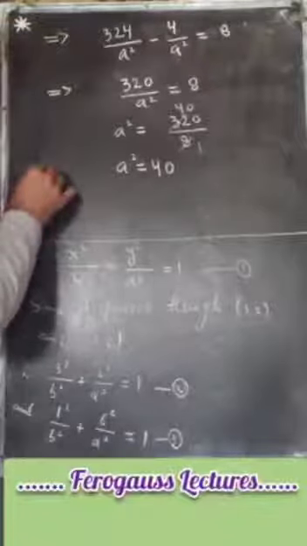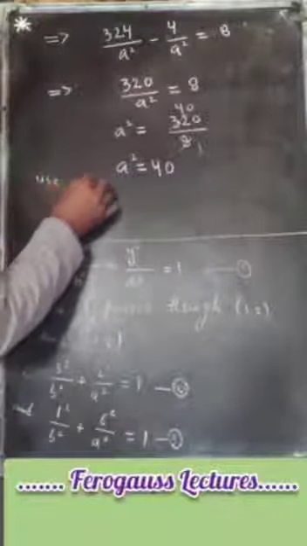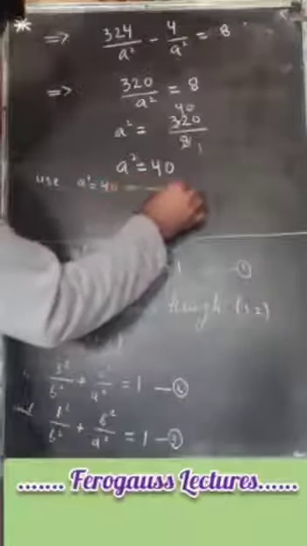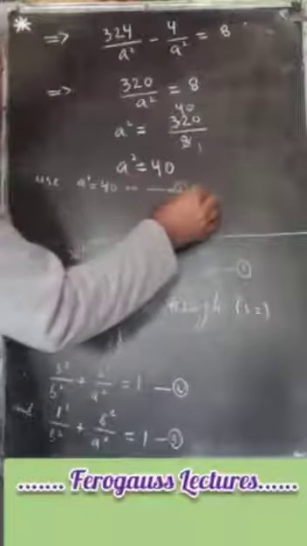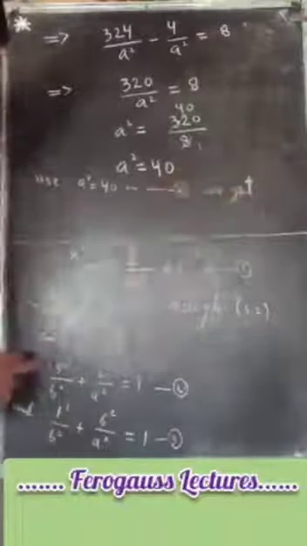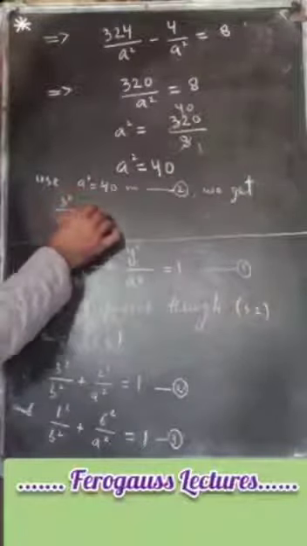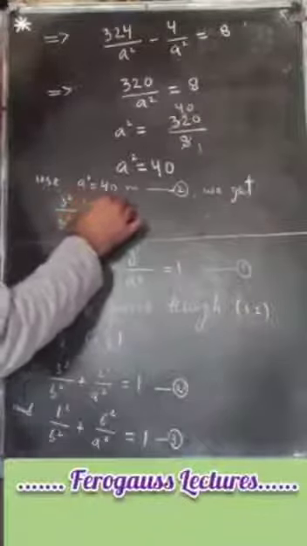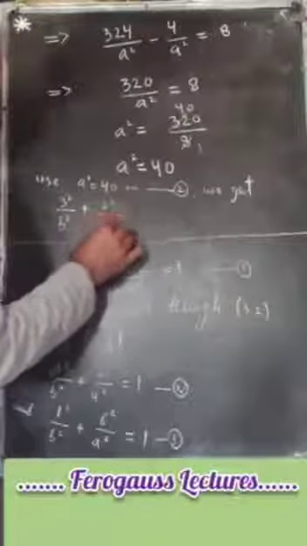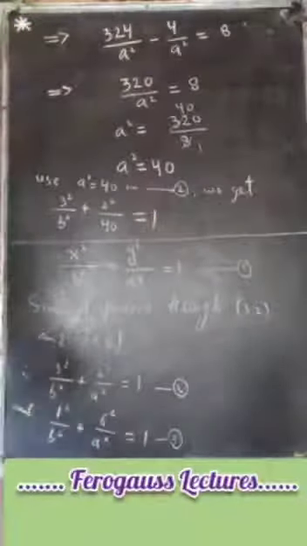Using a square equal to 40 in equation second, we get 3 square by b square plus 2 square by a square, which is 40, equal to 1.